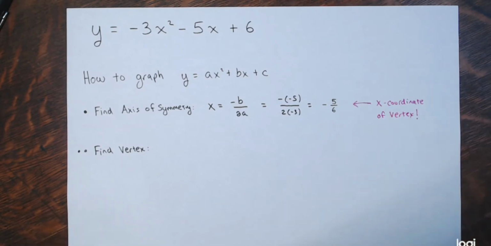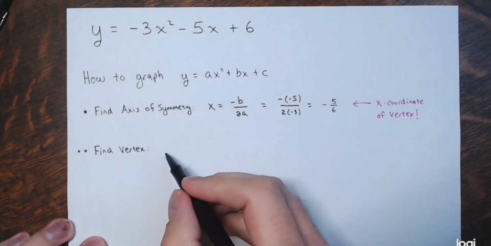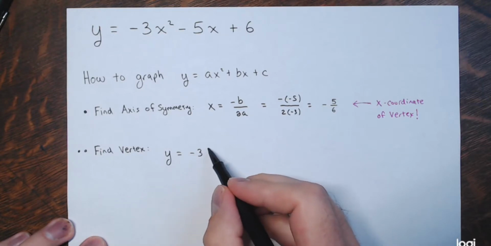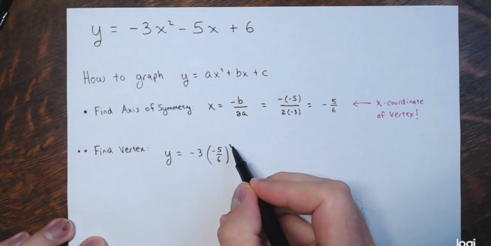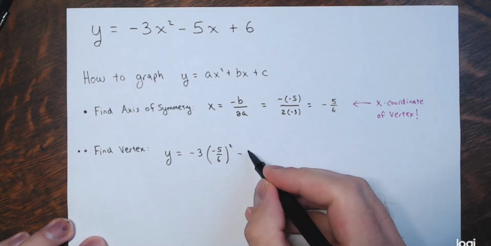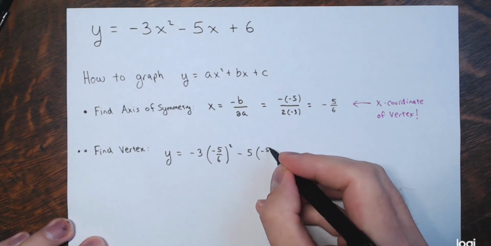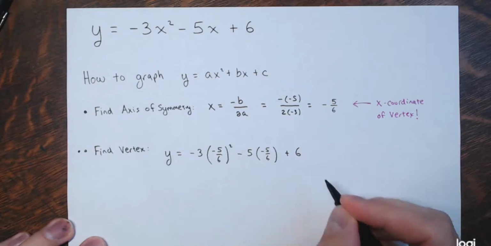So now I just plug that in for x. X is negative 5/6, so we get the y-coordinate. Y equals negative 3 times negative 5 sixths squared minus 5 times negative 5 sixths, and then plus 6, and then I've got a lot of fractions to deal with here.